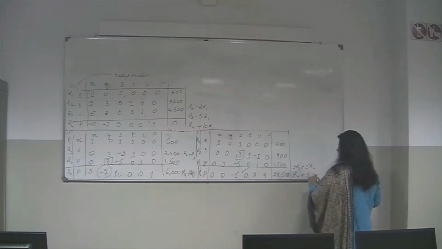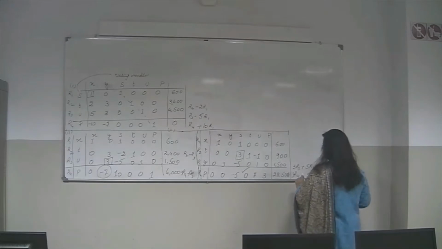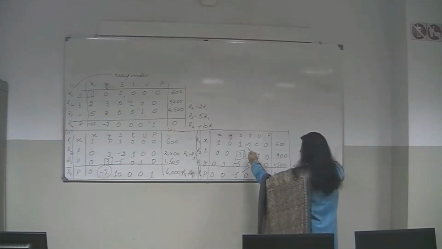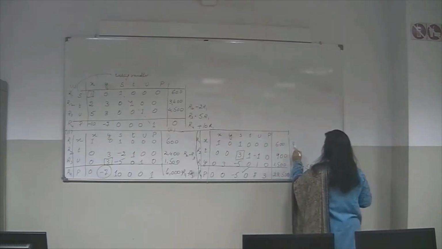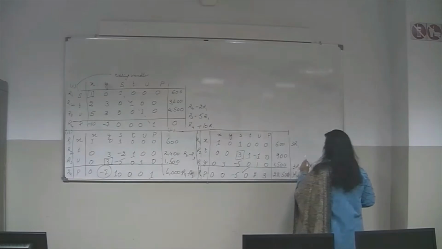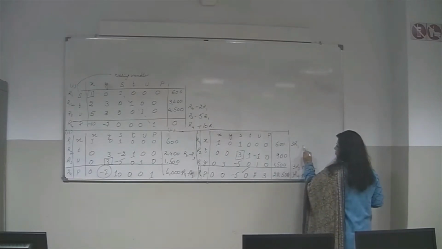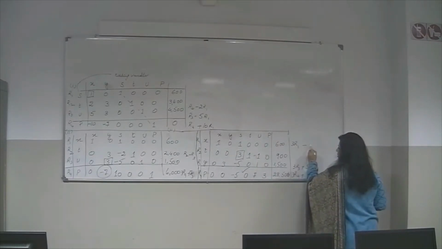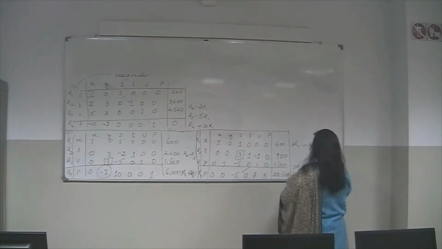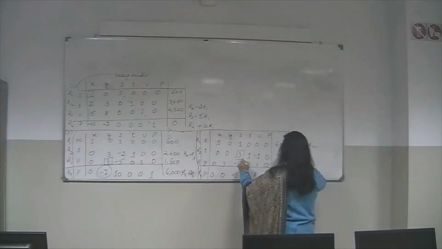This remains untouched, and this is now multiplied by 3 R1, and then you have minus R2, and this gives you 0. So this is going to be 3 minus 3, 0.